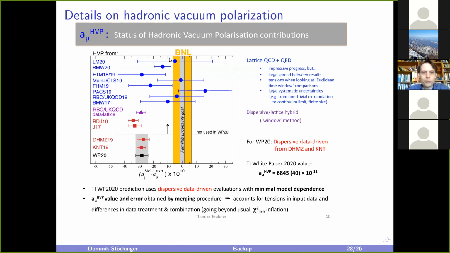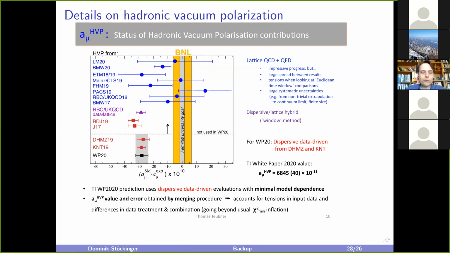But what you also see is that there are many different lattice groups working worldwide on this problem. And so far we have one result which is more precise than the others, and we need cross checks from the other groups because they use different lattice discretization methods leading to different systematic uncertainties. And those uncertainties that you see are actually systematic uncertainties, not statistical ones.